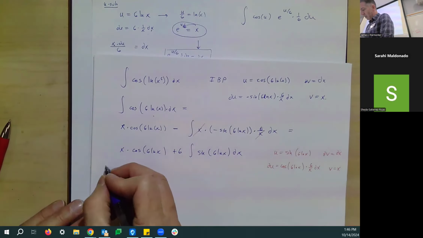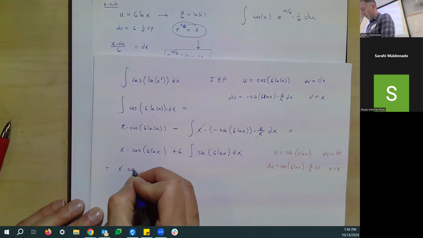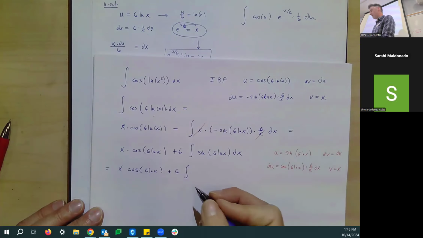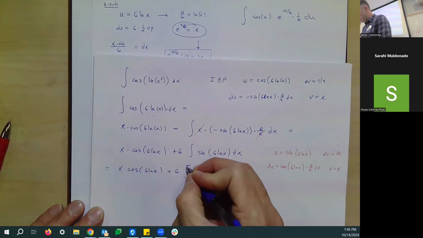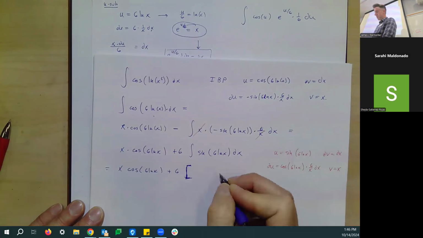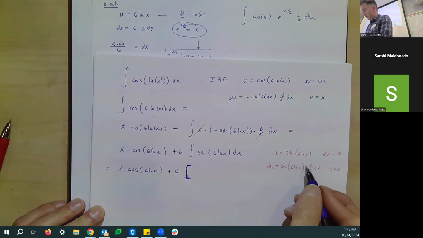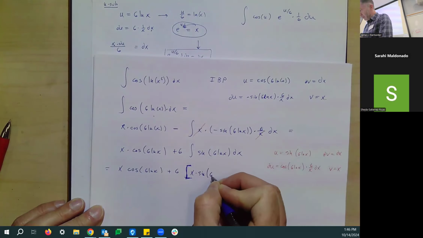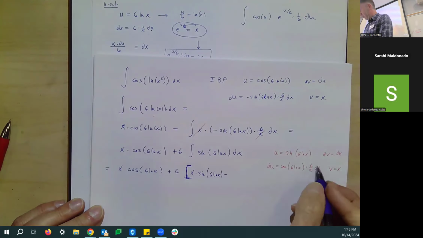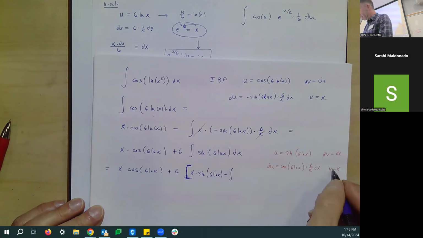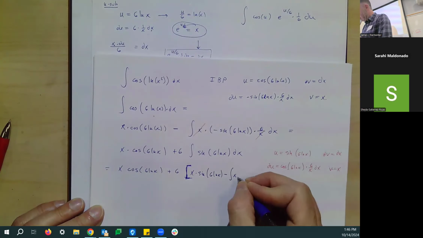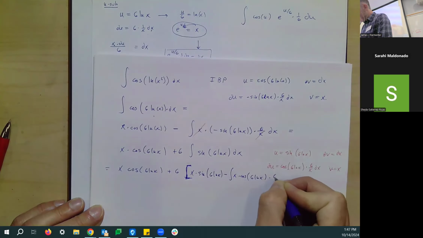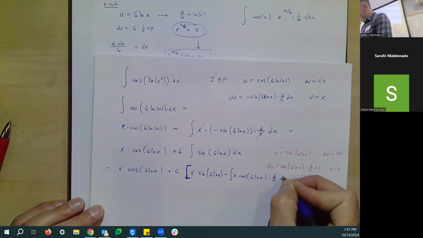So now we end up getting x times cosine of 6 natural log of x plus 6 times, not times the integral, times the bracket uv minus the integral of v du. There's my uv, x times sine of 6 natural log of x, minus the integral of v du, x times cosine of 6 natural log of x times 6 over x dx.